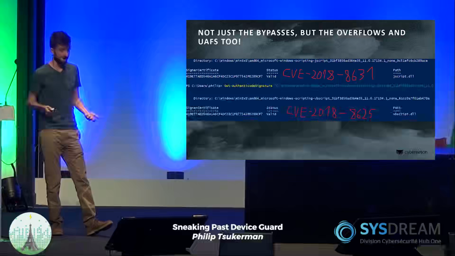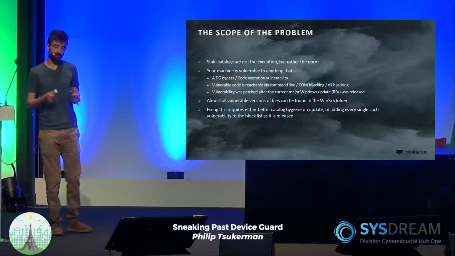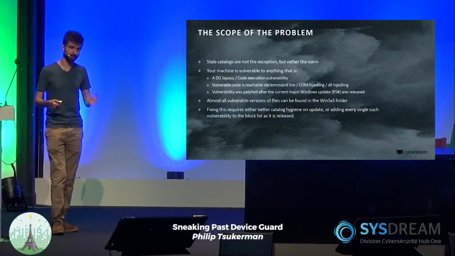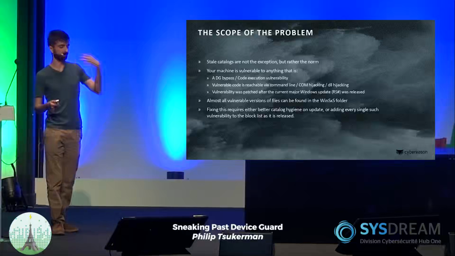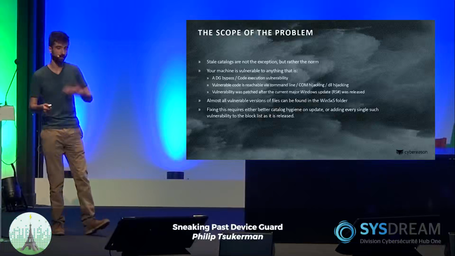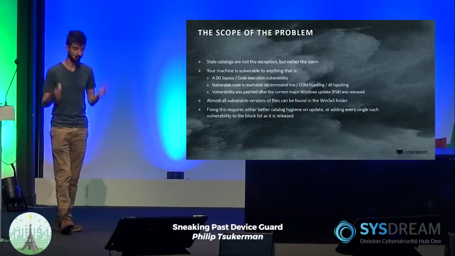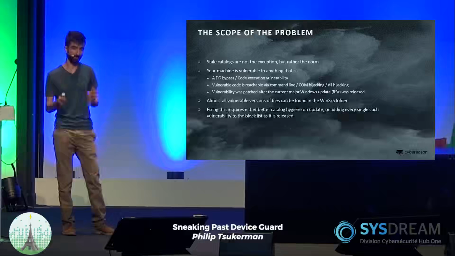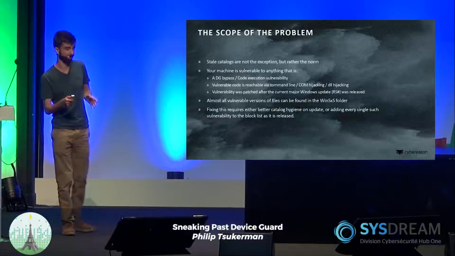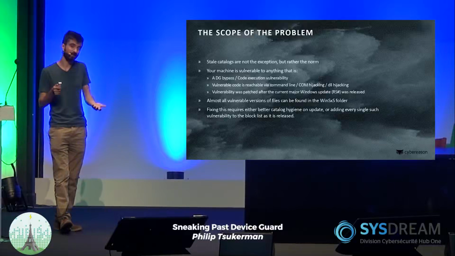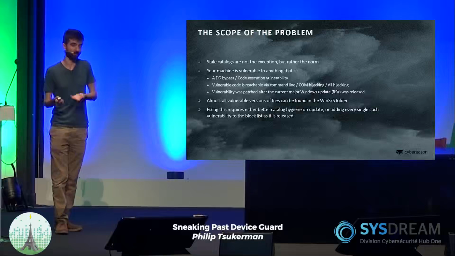and again bypass device guard. And it turns out that the scope of this issue is pretty much everything, meaning that Windows doesn't really delete catalogs or explicitly disallow vulnerable versions of code when it updates stuff. And when you have a feature that is solely dependent on signatures and certificates, this means that in some way patching is meaningless against device guard because you could always use the vulnerable code.